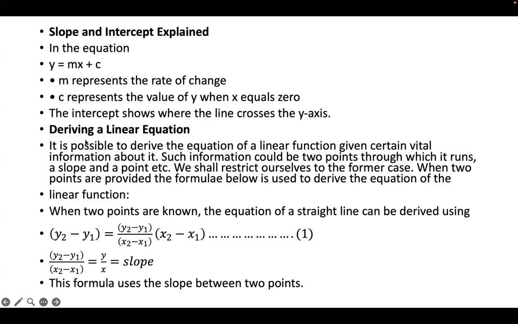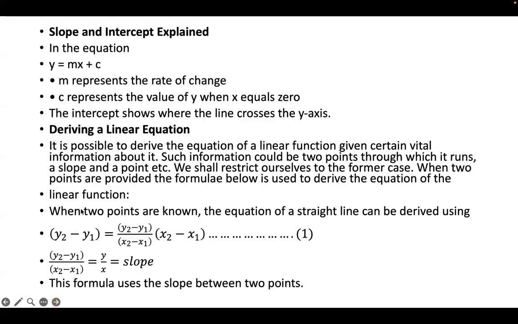In deriving the linear equation, it is possible to derive the equation of a linear function given certain vital information about it. Such information could be two points through which it runs, or a slope and a point. In this case, we will restrict ourselves to the former case, when two points are provided, and the formula below is used to derive the equation of the linear function.